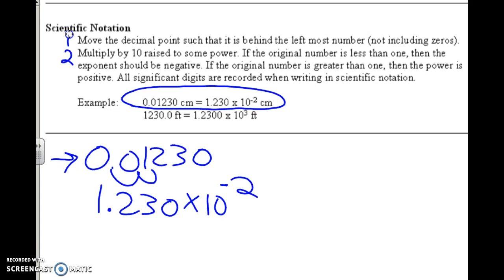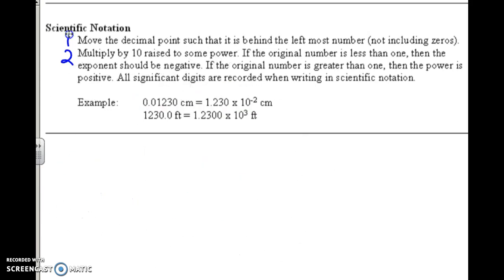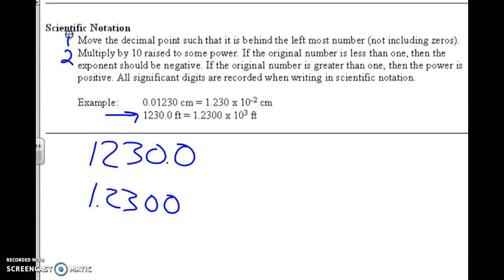Stop the video if you need to ponder this for a little bit. Now we're going to move to this number, 1230.0. Again, the first step says move the decimal point behind the first non-zero number. So it's 1.2300.